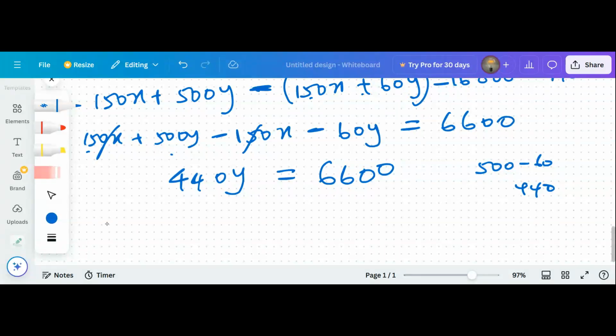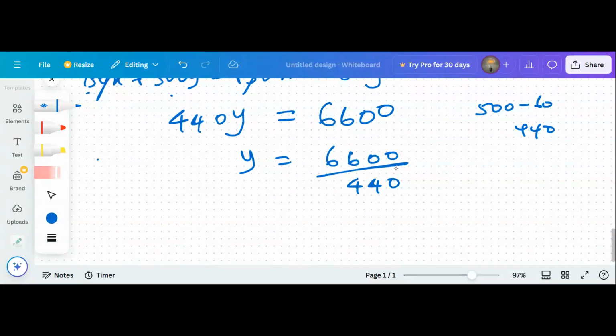So it's like this. 440 mangoes is equal to 6,600. It means one mango is how much. So what we have to do? I'm just taking a mango example. Okay, don't get confused. So 440 into y is equal to 6,600. So y is equal to 6,600 divided by 440.